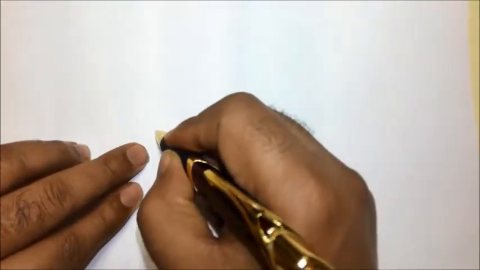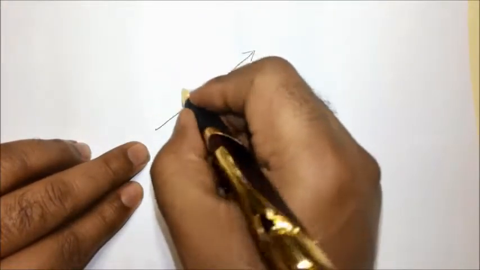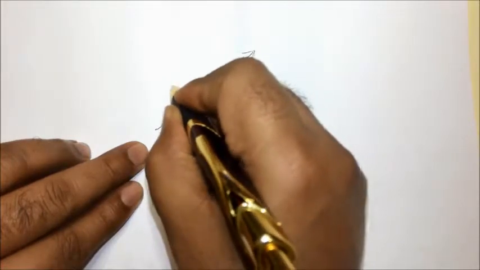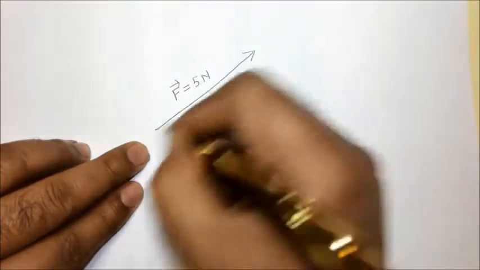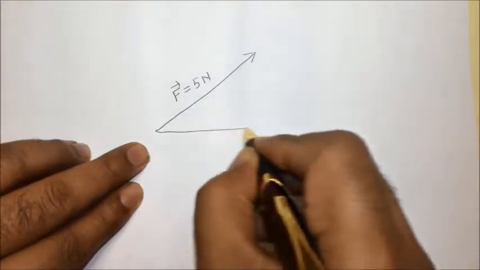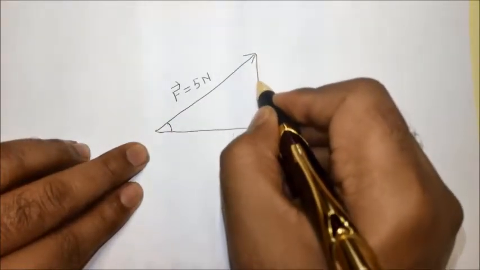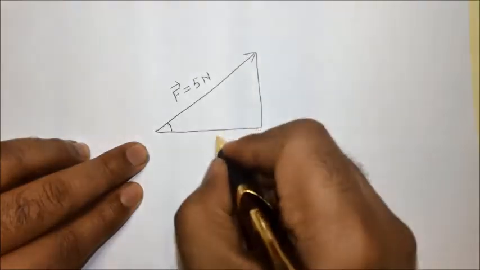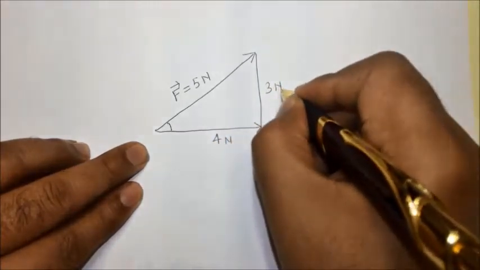Let us take another example. Suppose you have a vector F which is 5 Newton this way, and its components are 4 Newton this way and 3 Newton this way.